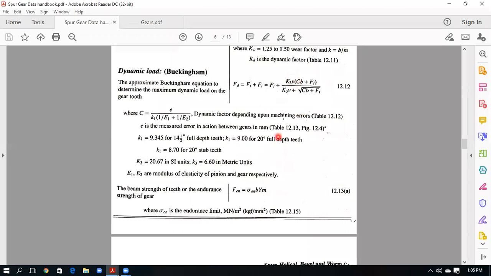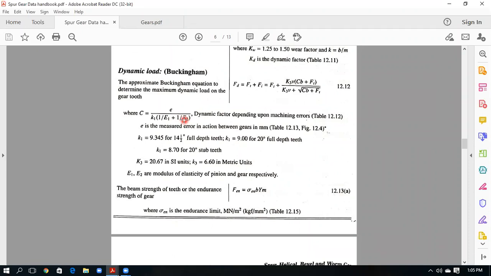This capital C needs to be calculated. Therefore C is equal to E divided by, this formula is given, and this E1 and E2 are nothing but the modulus of elasticity. E1 is the modulus of elasticity for the pinion, E2 is the modulus of elasticity for the gear.